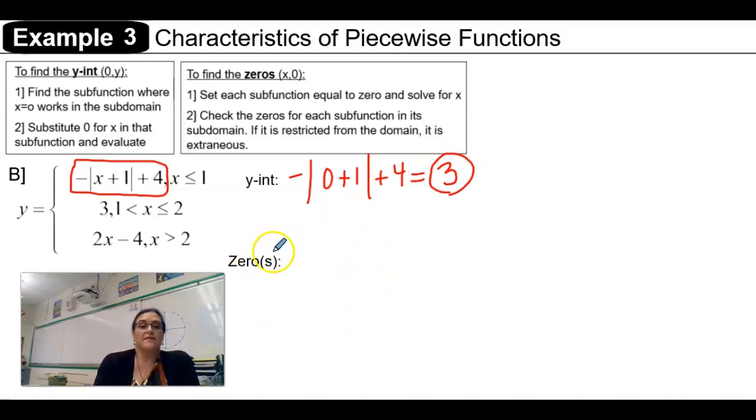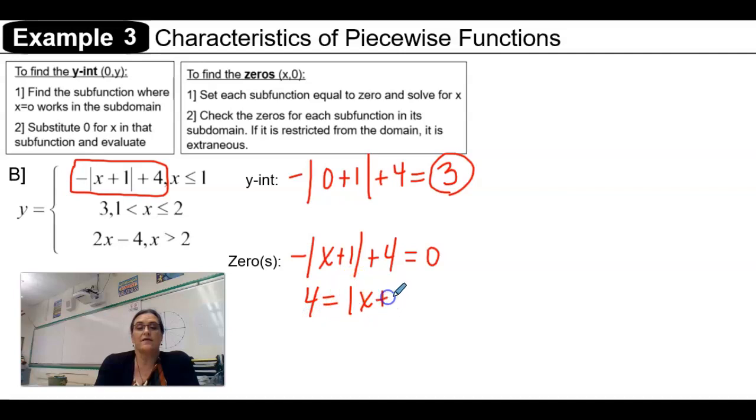Okay, now to find the zeros, we're going to take that subfunction, negative absolute value of x plus 1 plus 4, and we're going to set that equal to 0. Let's make that look like an equals. And then when I add my absolute value over to the other side, I'll have 4 equal to the absolute value of the quantity x plus 1.